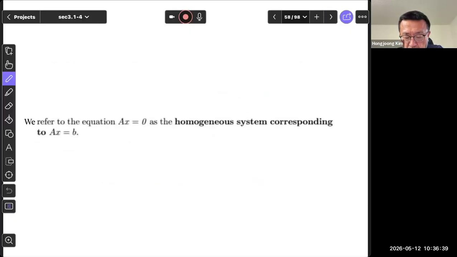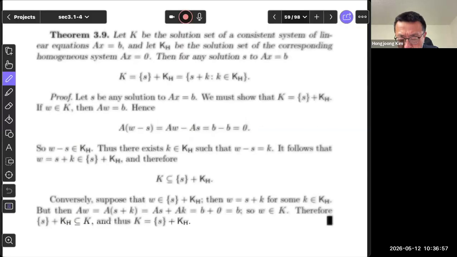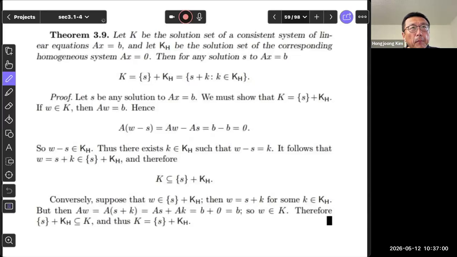Now, given the Ax = b problem, if I sometimes consider Ax = 0, then this Ax = 0 will be called the homogeneous system corresponding to Ax = b. Why do I consider this? Because of the following theorem 3.9. Here let K be the solution set of the Ax = b problem, the original solution set.